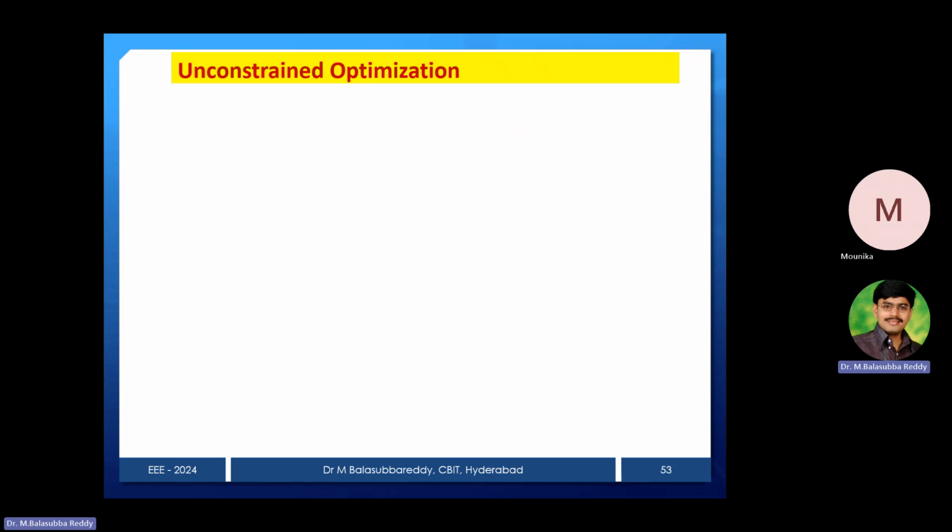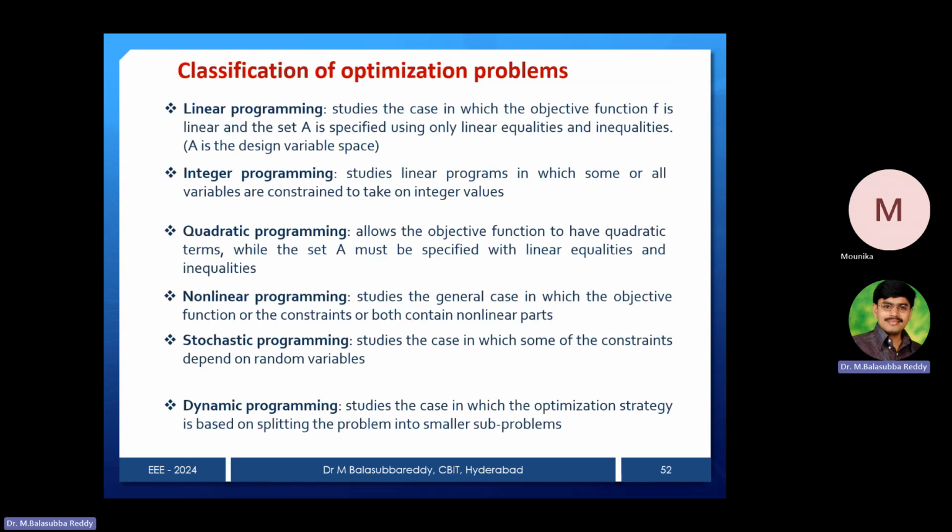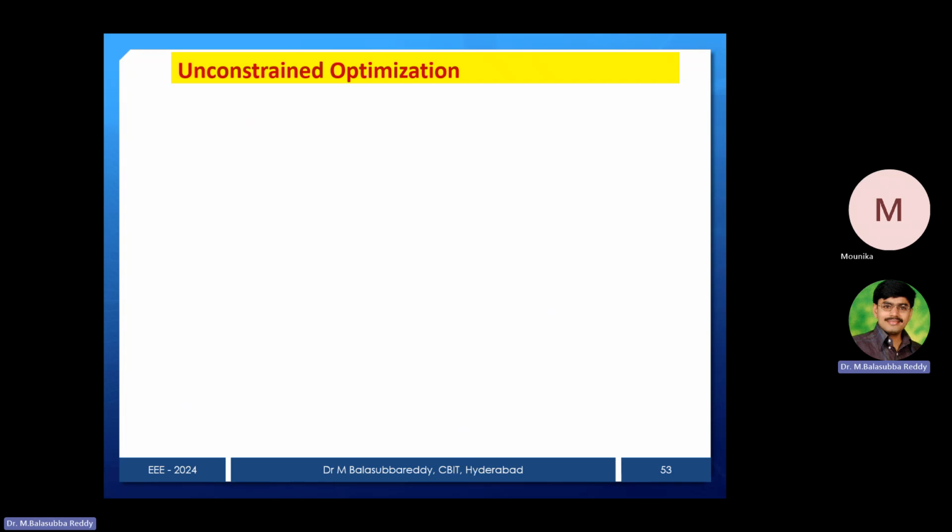Suppose one normal example, subject marks. Let it be, you need to get 40 marks to pass the subject. But without any constraint, that we call unconstrained.